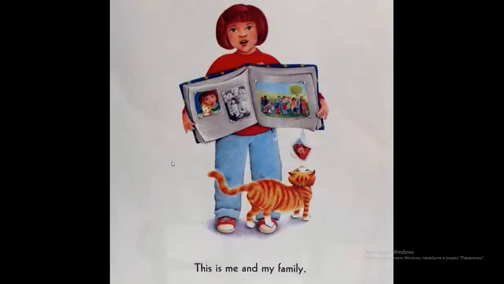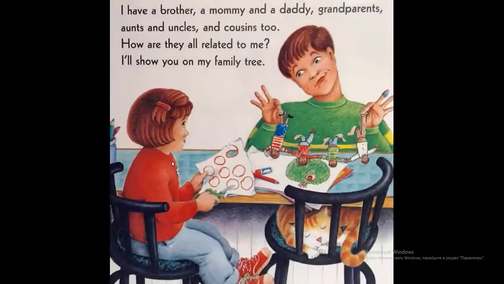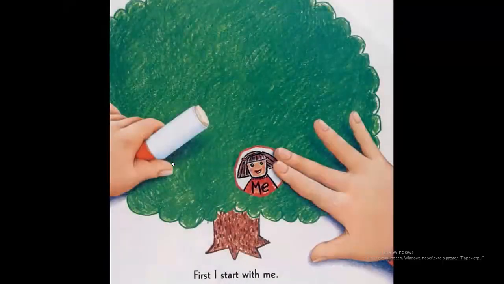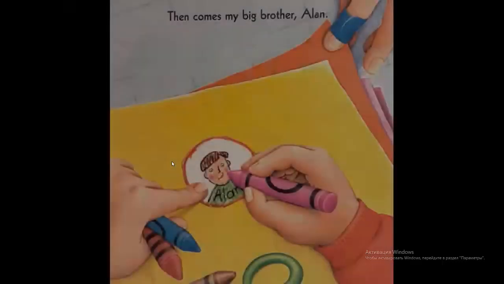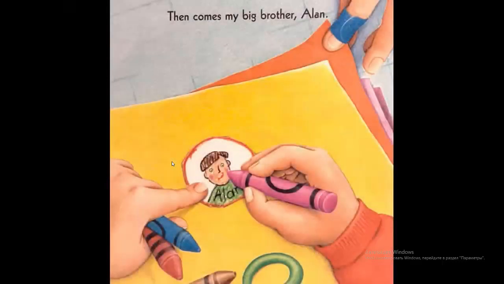This is me and my family. I have a brother, a mommy, and a daddy, grandparents, aunts and uncles, and cousins too. How are they all related to me? I'll show you on my family tree. First, I start with me. Then comes my big brother Alan.